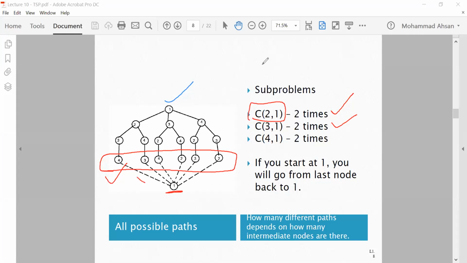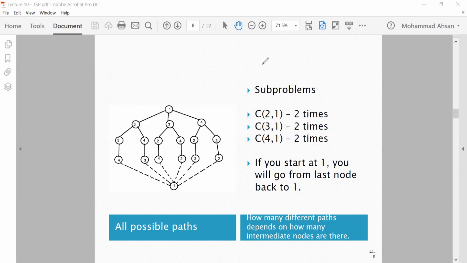Let's say the distance from 4 to 1 is x. If this is calculated, next time when I need 4 to 1 in this path, I can use this x and then add it to my cost. Okay, so we start at 1, we reach whatever the last node in this level is, and then we go back to 1.